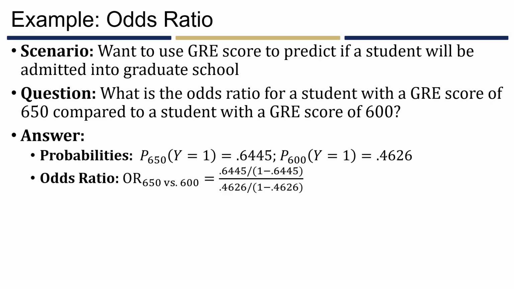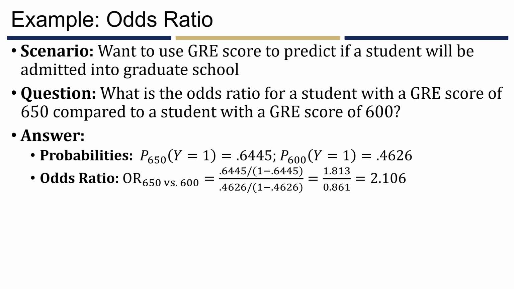Setting up the odds ratio, we'll have the odds for the student who scored 650 up in the numerator, and the odds for the student who scored 600 in the denominator. So we have 0.6445 divided by its complement, 1 minus 0.6445. The odds for the student who scored 600 are going to be 0.4626 divided by 1 minus 0.4626. This will give us a ratio of 1.813 divided by 0.861.